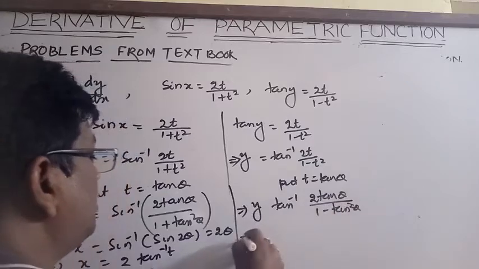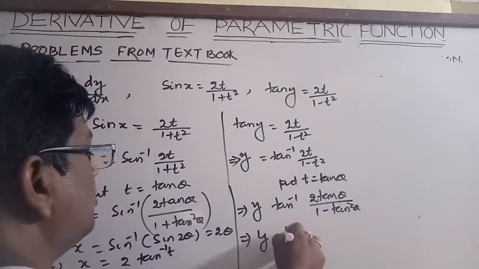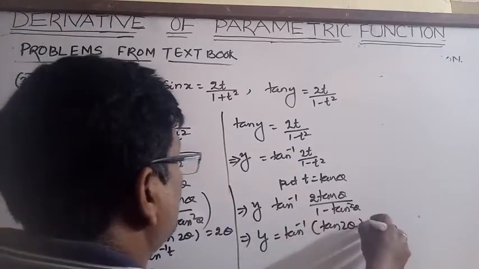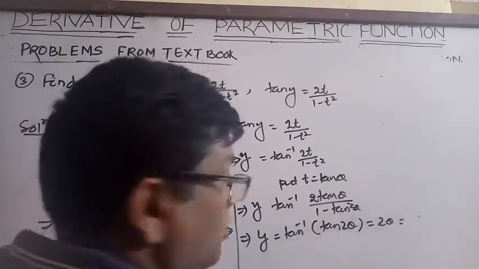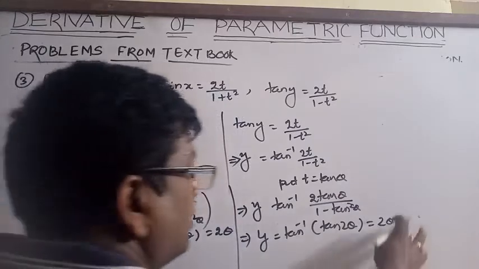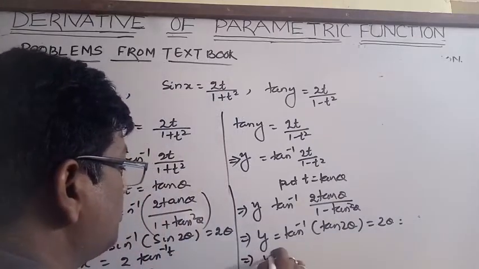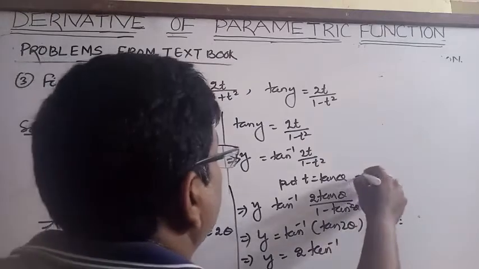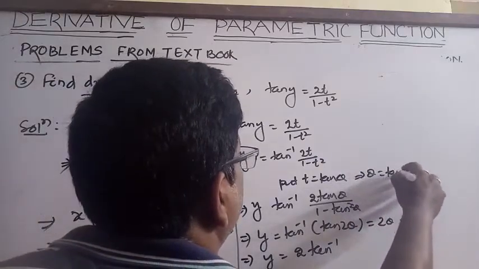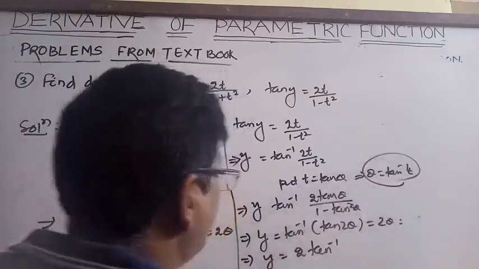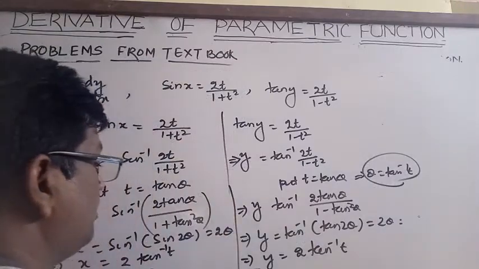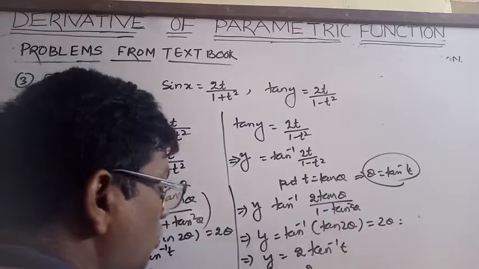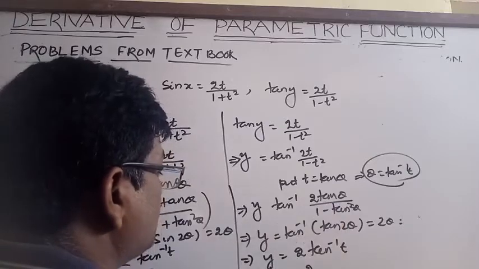This is tan inverse of tan 2 theta, which is equal to 2 theta, that is, y is equal to 2 tan inverse t, because theta is equal to tan inverse t here. So dy by dt is equal to 2 by 1 plus t square.